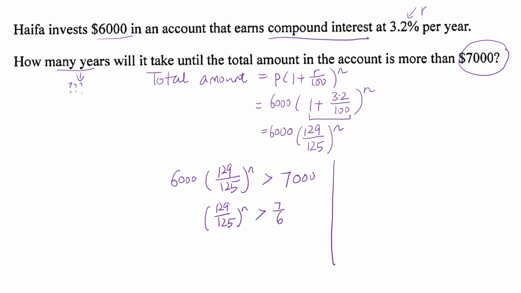This is the tricky part. We need to use the trial and error method. So we're going to let n equal 1. And let's see what happens. If n equals 1, 129 over 125 to the power of 1 will give me 1.032.